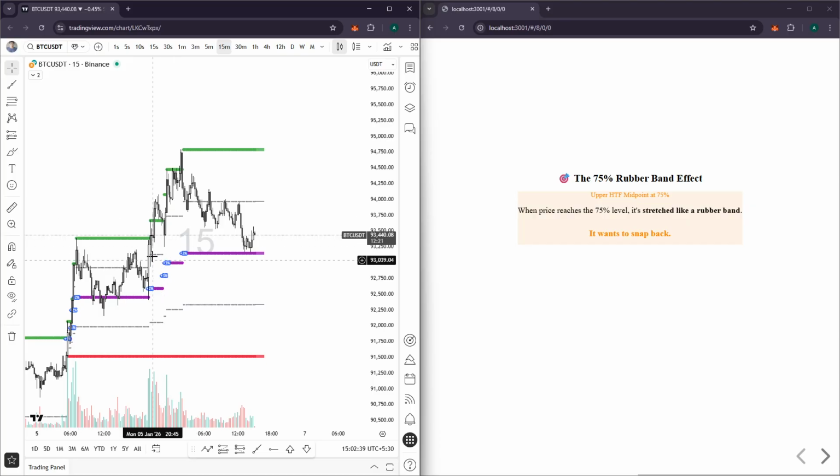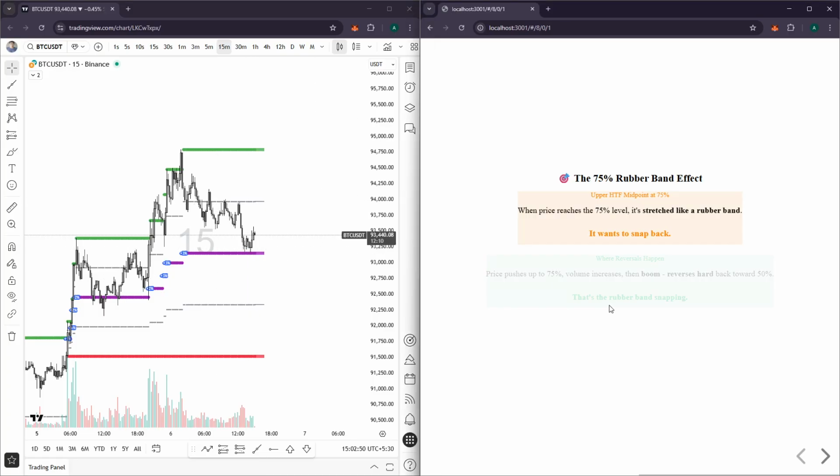It made a new high, but as it dips down, it tries to snap back to the 50% level. When price pushes up to 75%, volume increases, and then it reverses hard back toward 50%, which is what we are seeing. That's what we call rubber band snapping.